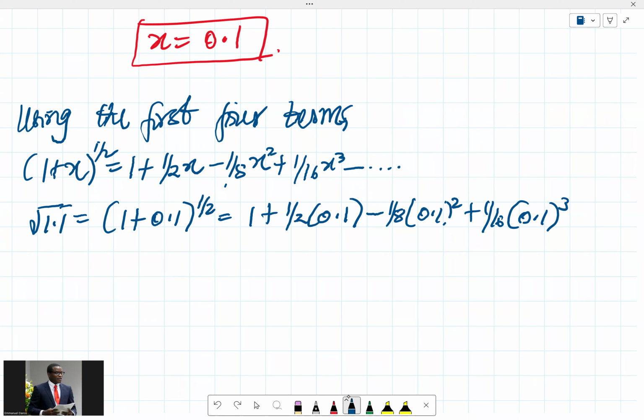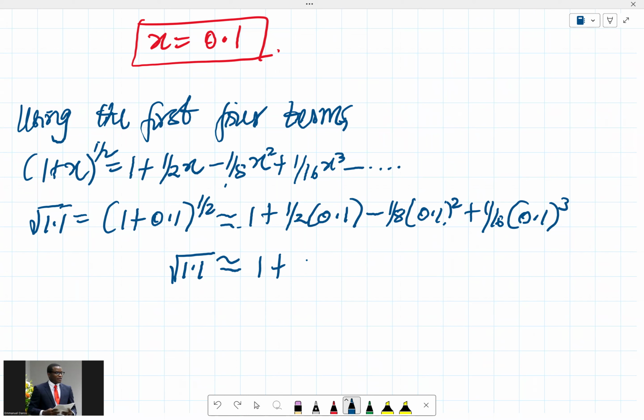Okay, now it's approximation, right? So square root of 1.1 is approximately 1 plus 0.5 times 0.1. That's like 0.1 divided by 2, and that would be 0.05 minus, okay, let me try to spell this out as much as possible.